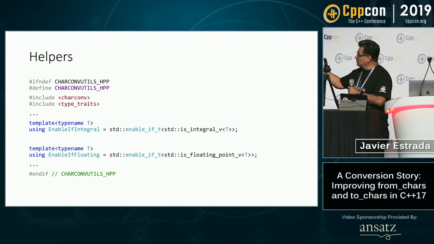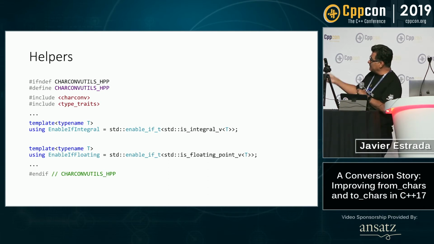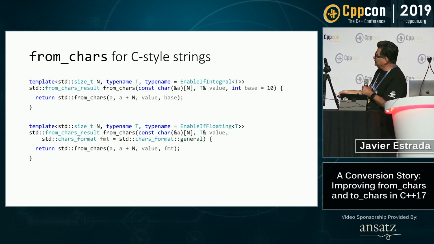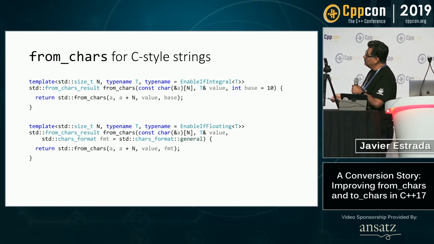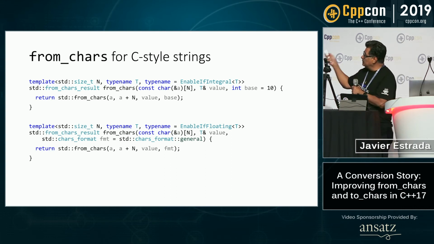So there are a couple of helpers. The first one is a template that enables if integral, and the other one for floating types. So that is the template function that takes integers. It returns the from_chars result, and it takes an array by reference, which helps us so that it doesn't decay into a pointer. And then you see the one at the bottom, the same thing, but for floating types.